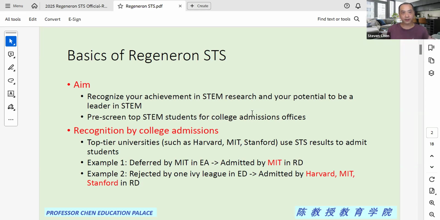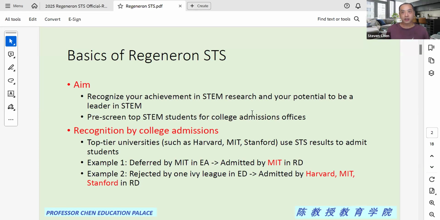And the second function Regeneron STS has is not mentioned on their website, and I'm pretty sure they will not do it. But actually, this is what universities try to adopt from Regeneron STS. You know that every January, STS will announce the top 300 and top 40 finalists.